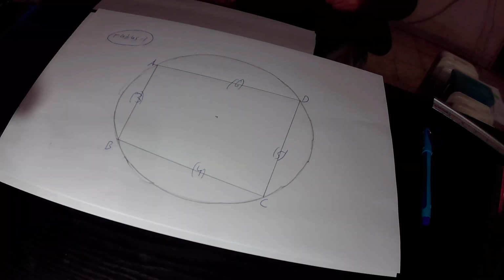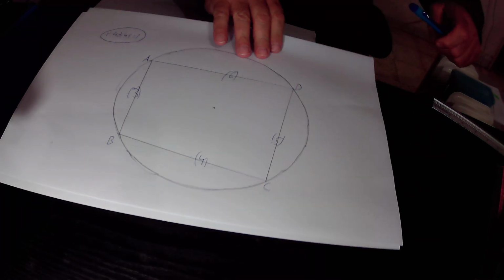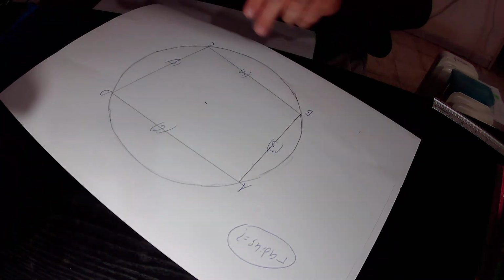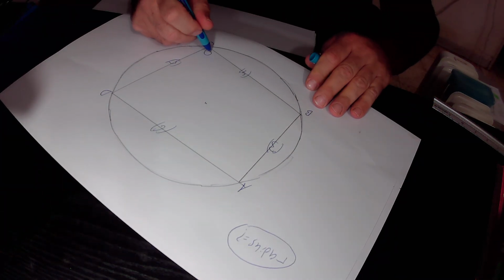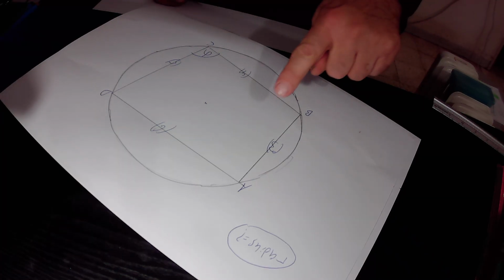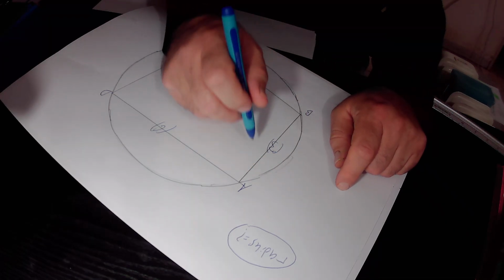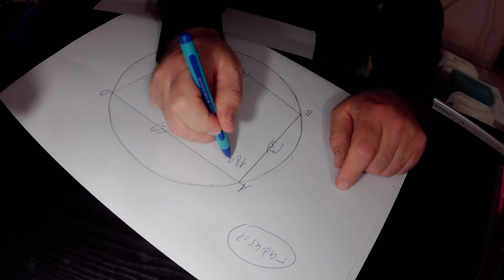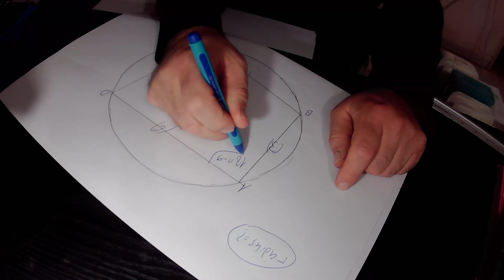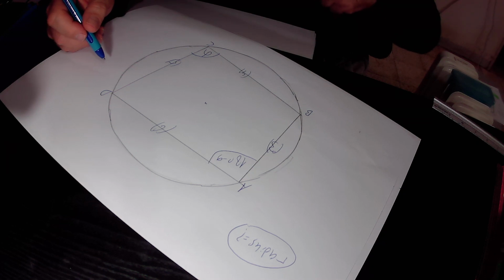So first of all, we define this angle BCD as alpha. Therefore, the opposite angle BAD must be equal to 180 degrees minus alpha, according to the rule that the sum of two opposite angles in a cyclic quadrilateral is equal to 180 degrees.